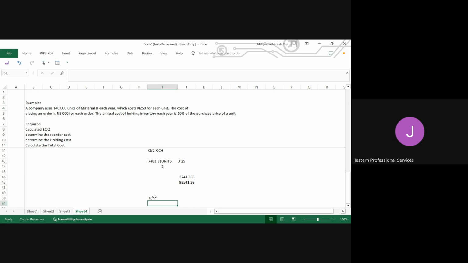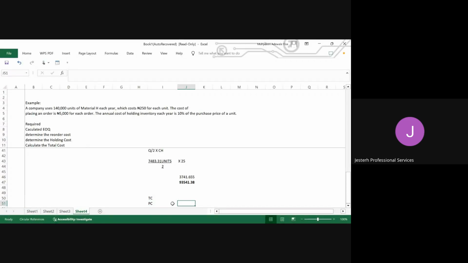Now, how much are we going to spend for buying these products? What is going to be our purchase cost?